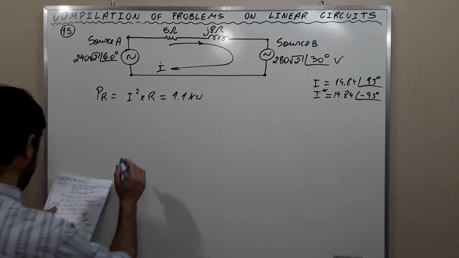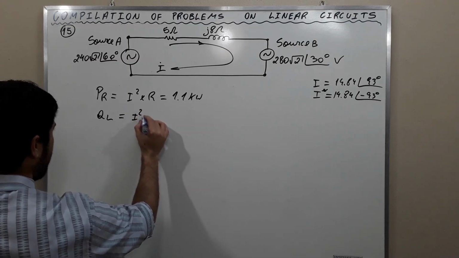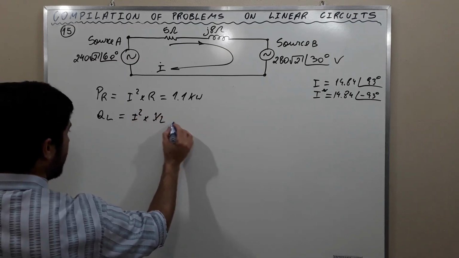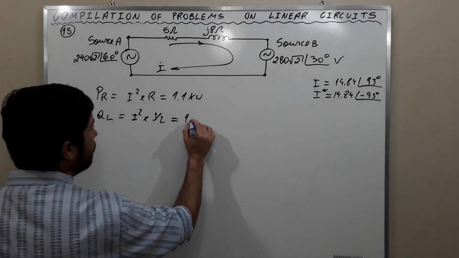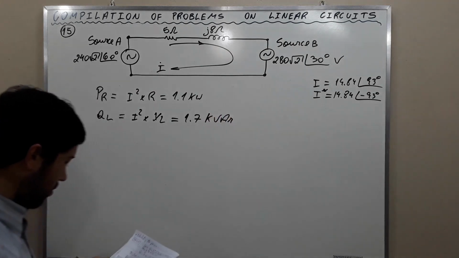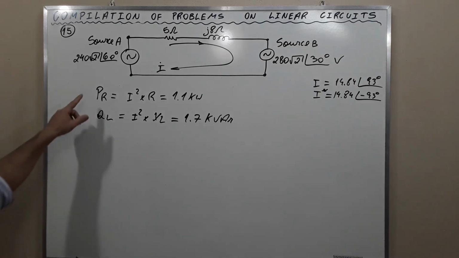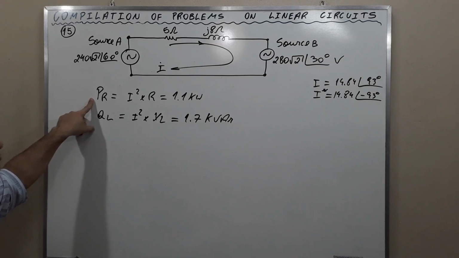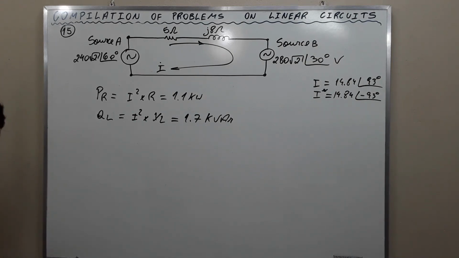So for the inductor, we have that QL is equal to I squared times the inductive reactance, and this gives a value of 1.7 kVAR. All right? So the resistor is consuming real power, and the inductor is consuming reactive power. And this is all for exercise 15.